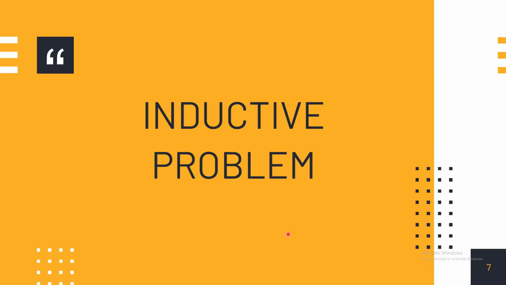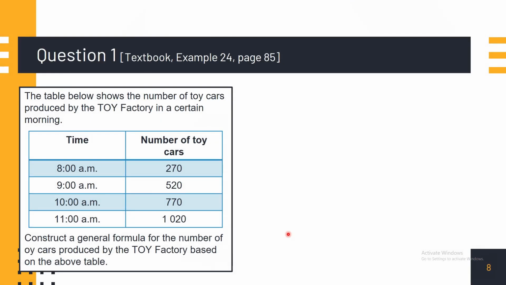Now we take a look at the inductive problem. Question number 1. You can get this question in your textbook, which is example 24, page 85. The question is, the table below shows the number of toy cars produced by the toy factory in a certain morning. This is the table.